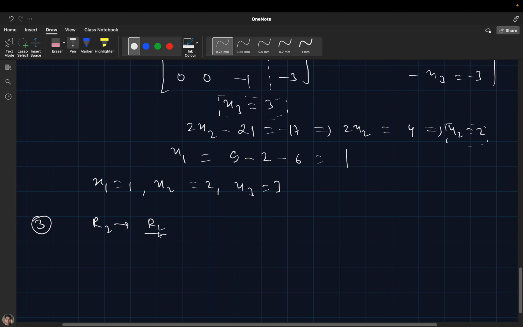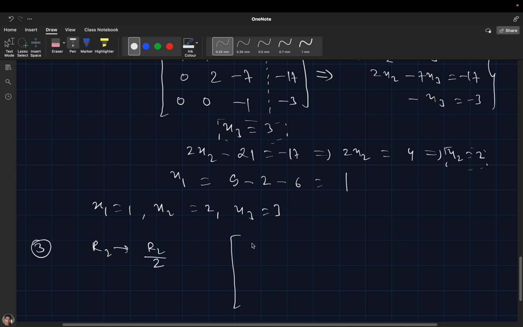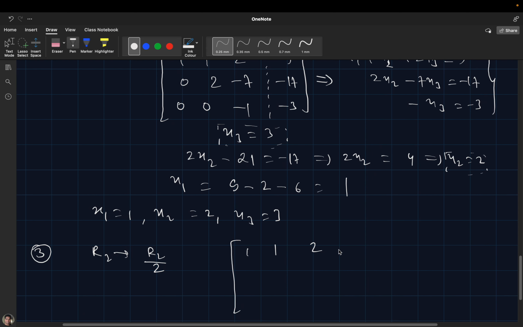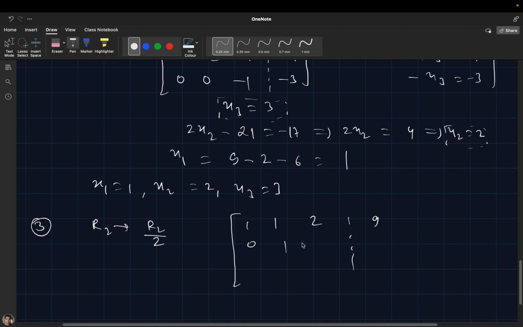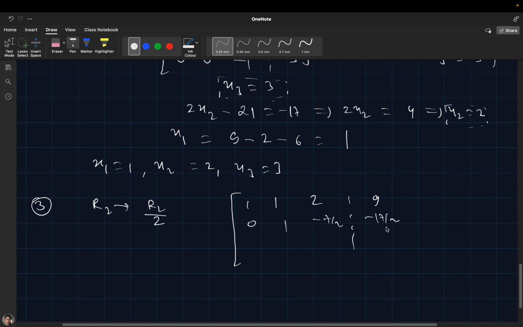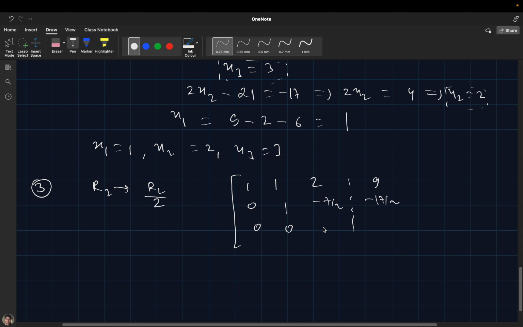The resultant matrix will be 1 1 2 9, 0 1 minus 7 by 2 minus 17 by 2, 0 0 1 3. One more thing I did: R3 changed to R3 divided by minus 1. So row 3 has also changed.